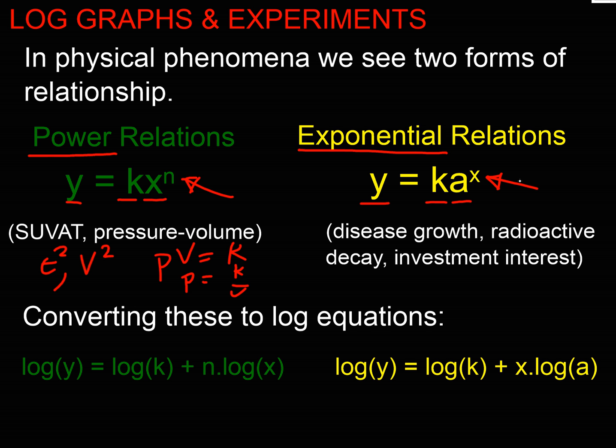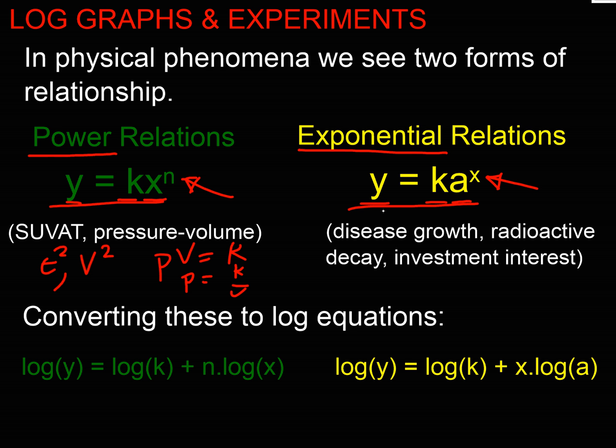So we see this in diseases like coronavirus or radioactive decay, and in finance you see it in returns on investment, or in the depreciation of the value of an asset. That's the sort of thing we're interested in, and for each one of these we want to convert these relationships at the top into linear relationships.